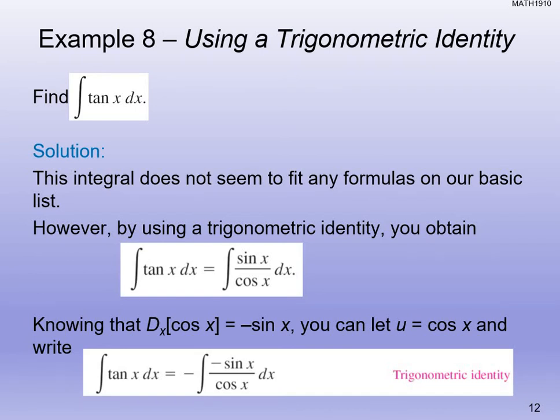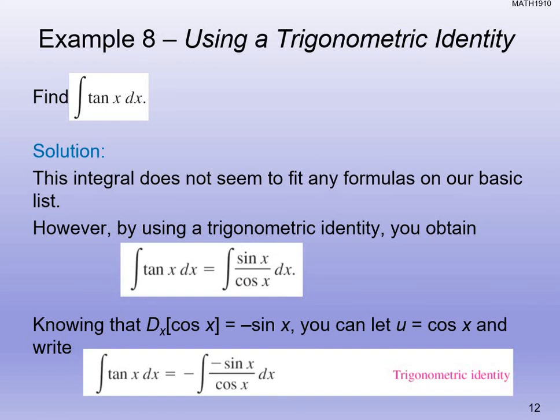Okay, so next, we have to choose what our u is going to be. In order to use the log rule, we're going to choose u to be what's more complicated, which is the denominator. So if we let u equal cosine of x, du is going to equal minus the sine of x. So we have to rewrite our integral there, so we'll have the negative that we can bring out in front.